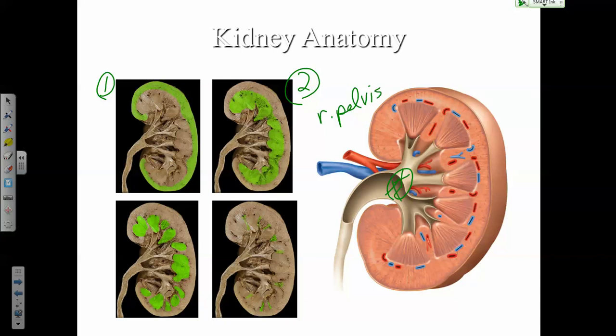And then it separates even more. So where it separates more, see how it's separating up into here, and then that separates or forks. All right, this right here is what we call a major calyx. C-A-L-Y-X is singular.